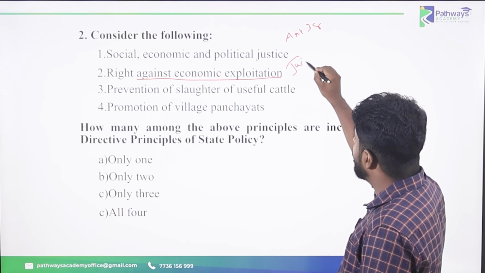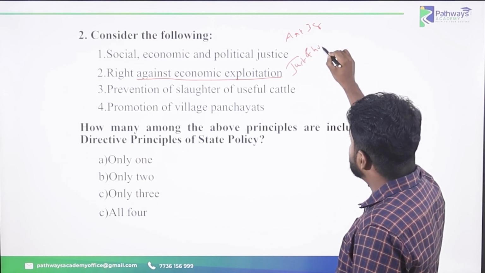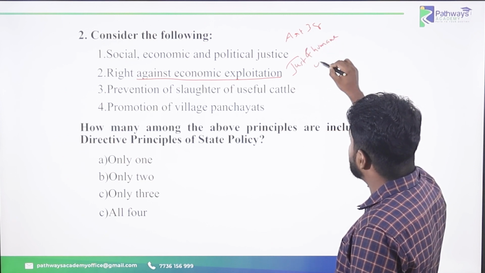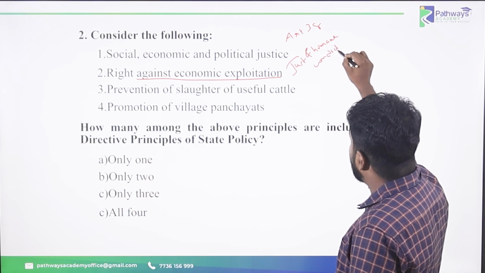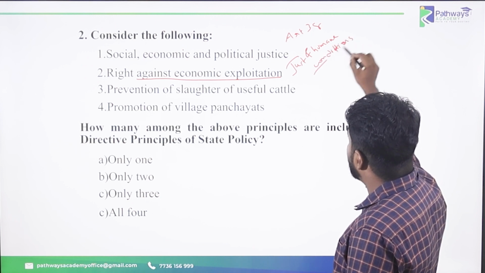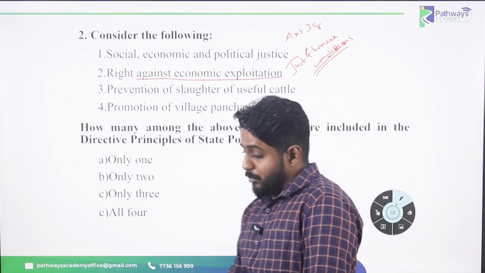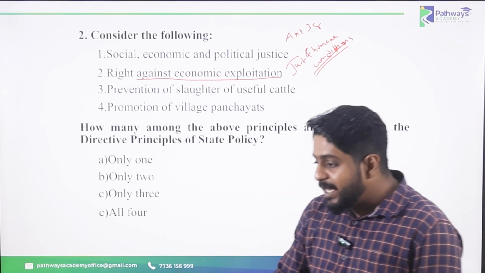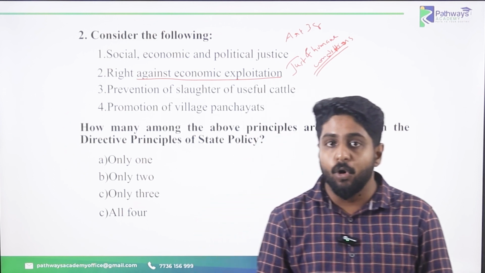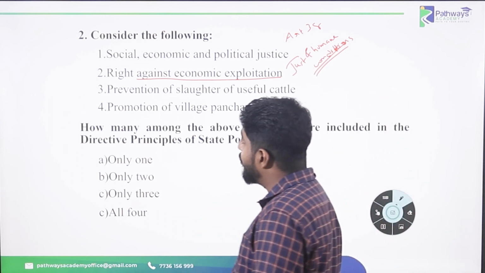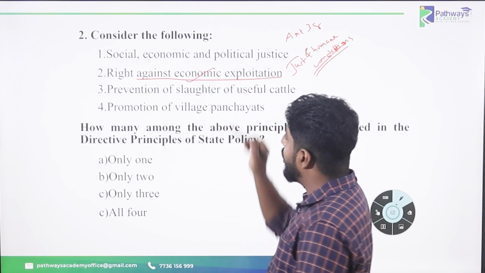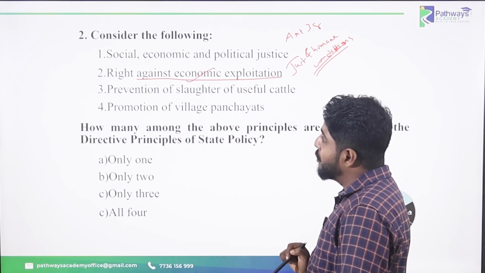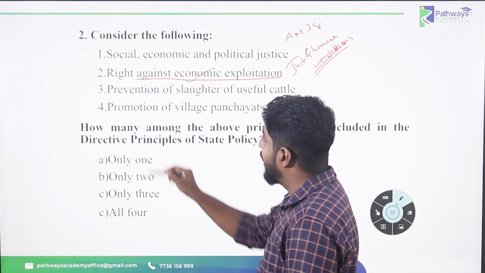So DPSPs are those instructions provided to the state. The Constitution says the state, please interfere in framing laws for providing just and humane conditions. So there should not be any economic exploitation. So option 2 also comes under that category.